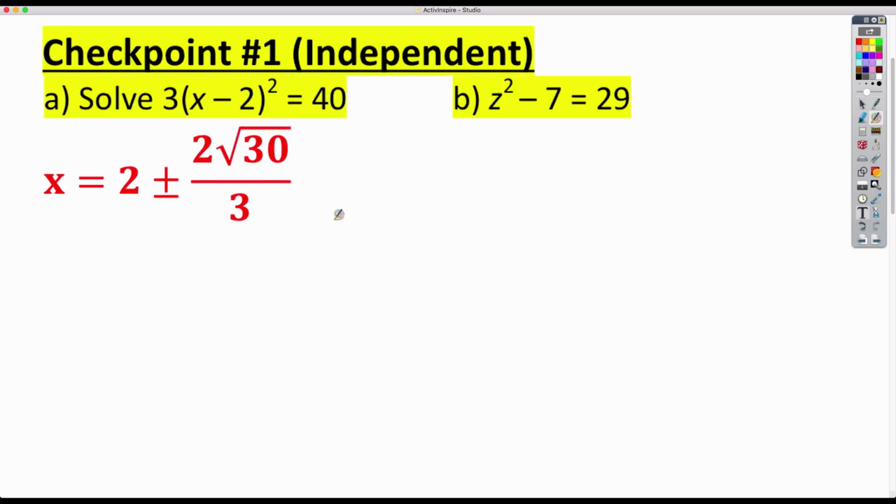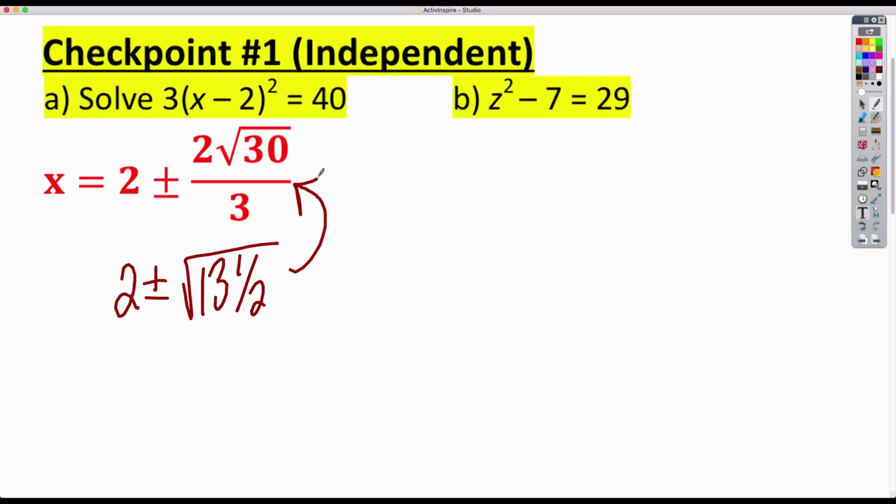Jaylene, what was it again? X equals 2 plus or minus the square root of 13 and 1/3. So we just need to find out, is this equivalent to that? You put 1/2. Oh, it's 1/3, sorry. Thank you. So we just need to see if those are equivalent.